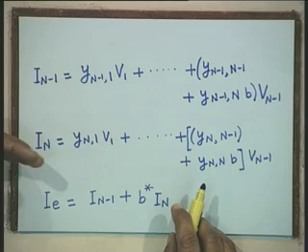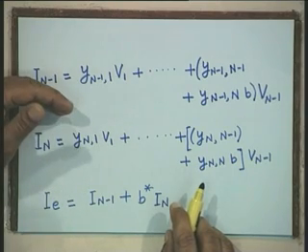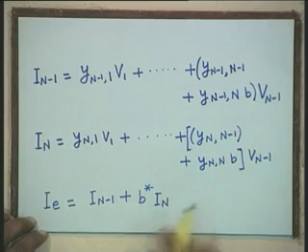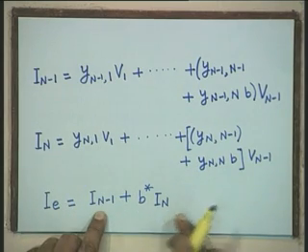When I multiply the last equation by B star and add it to I n minus 1, I get on the left hand side a current term which is I n minus 1 plus B star I n.